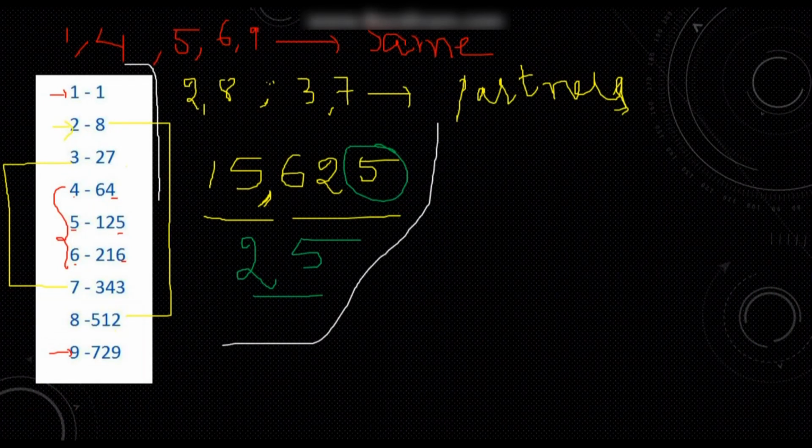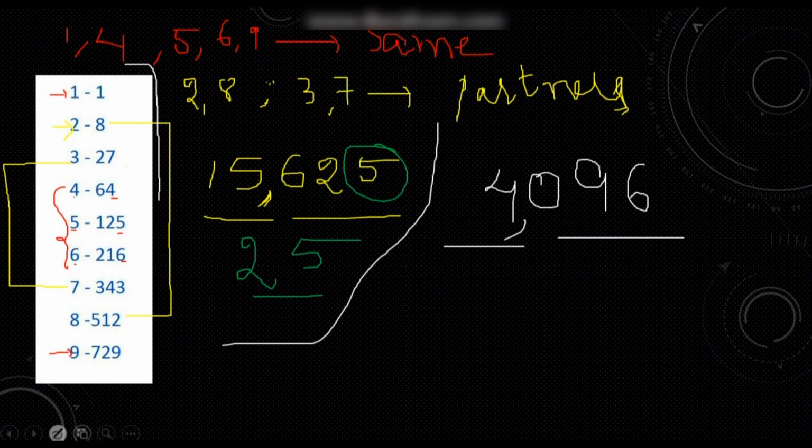Let's take another example now. This one is even easier. Say 4096, separated by a comma: 4 and 096.